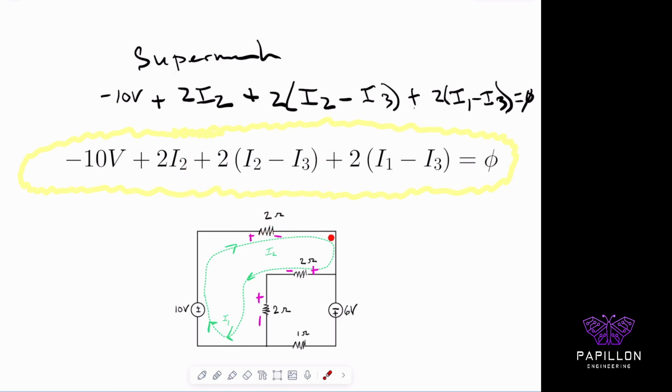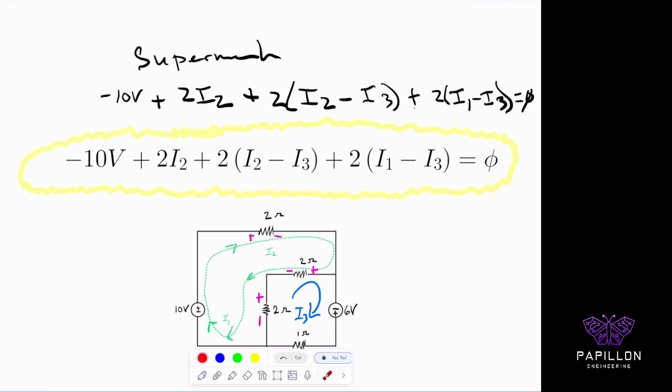As I go to the next 2 ohm resistor, I'm entering the positive terminal again. Because I'm in loop 2, loop 2 is opposing. I didn't give this one a name. This one should be I3, right? So I'm opposing I3, so it's going to be I2 minus I3.